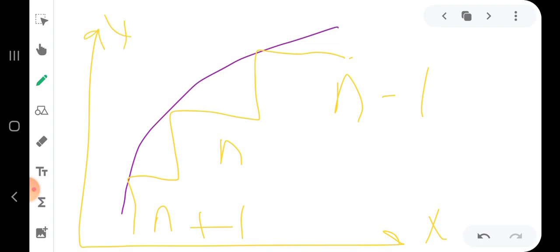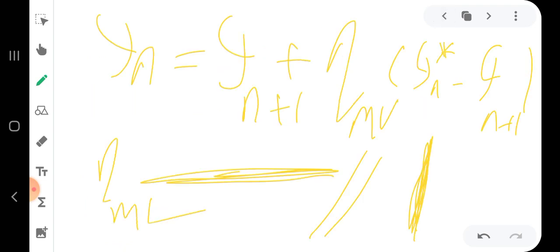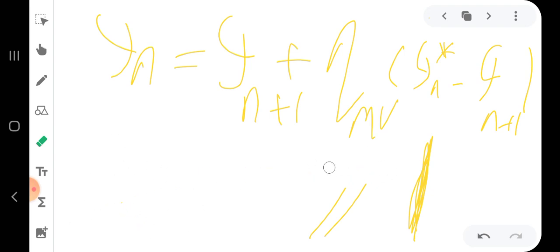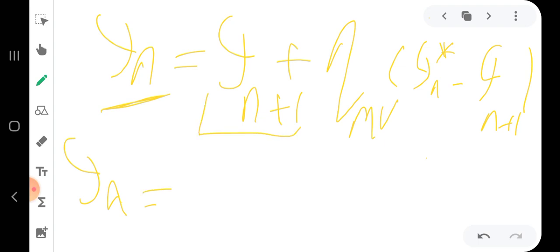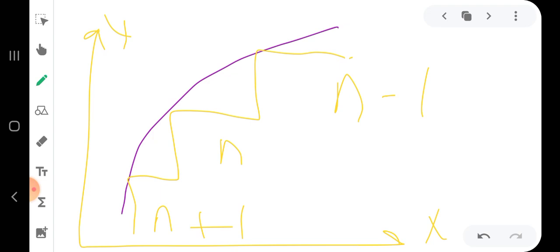So what's the vapor efficiency? You will say that the actual yn is equal to yn plus 1, which is the value of y at the next stage. You see, this is the next stage, and this is the value of y.